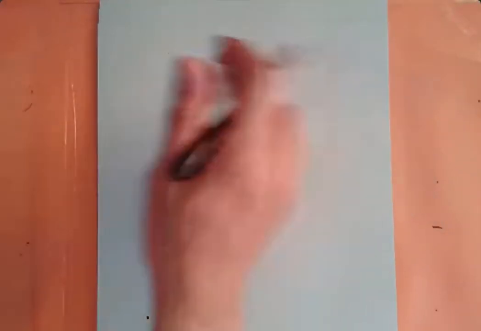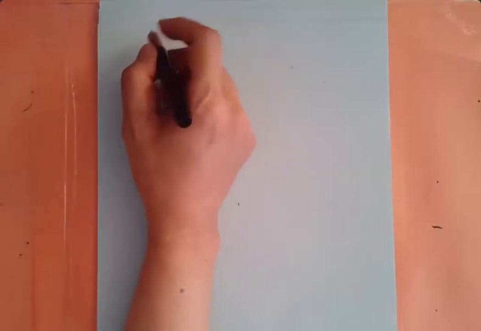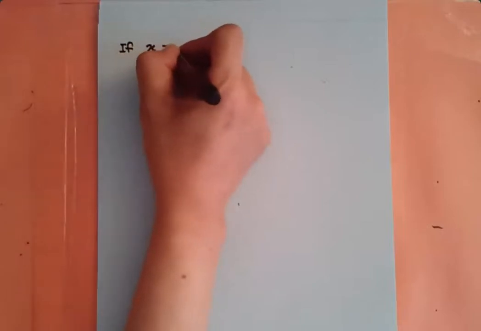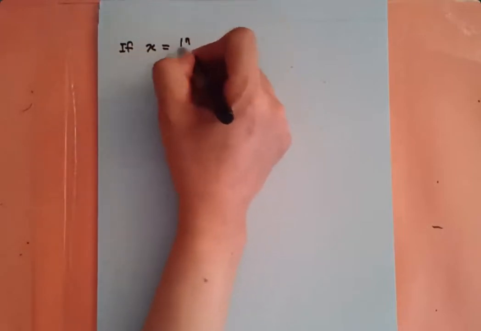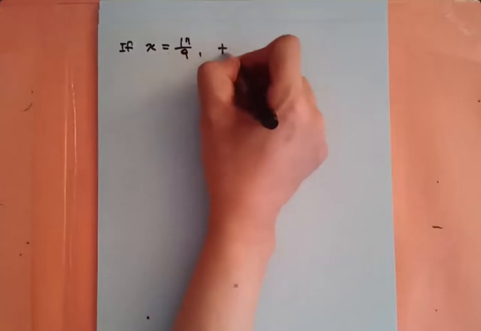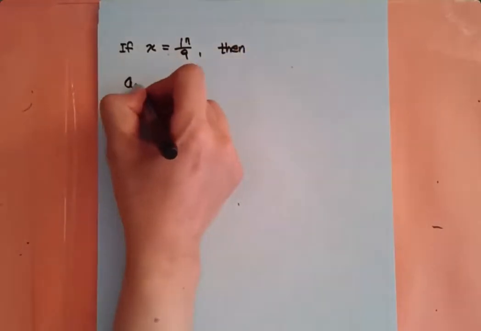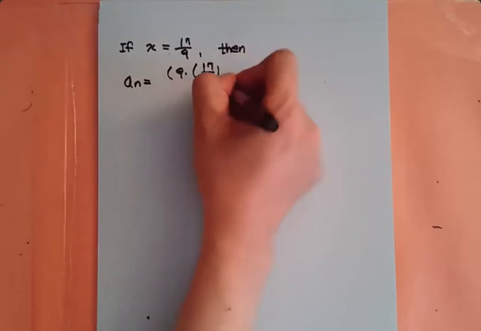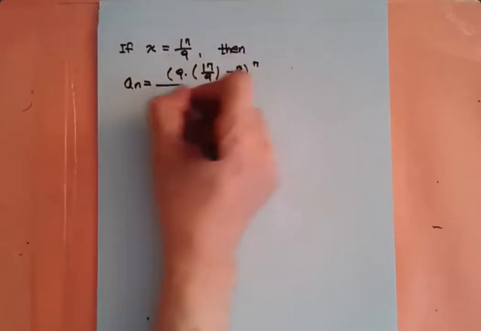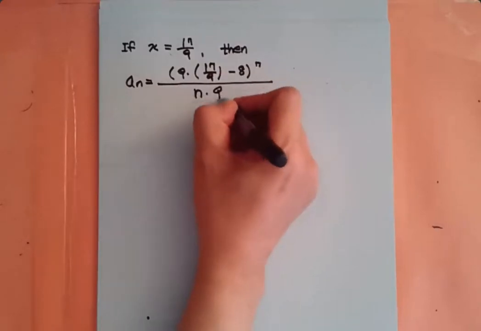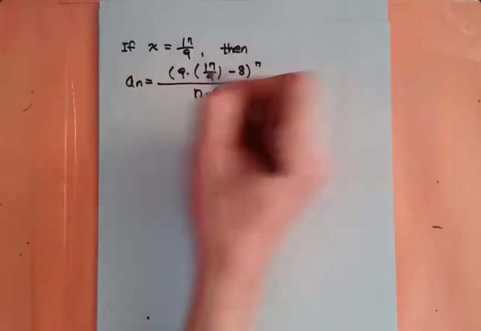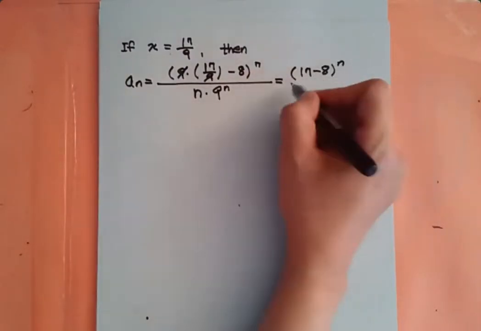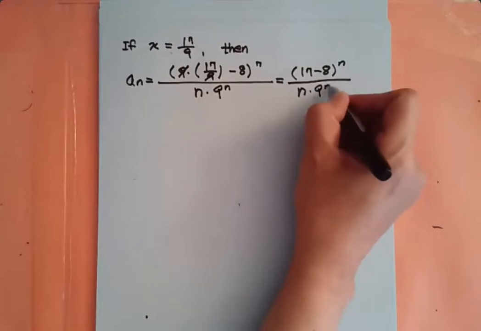So again, we will replace x by 17/9 in an, the given sequence. So if x equals 17/9, then an equals (9 times 17/9 minus 8) to the n power over n times 9 to the n power. So these two will cancel each other, and then (17 minus 8) to the n power over n times 9 to the n power.